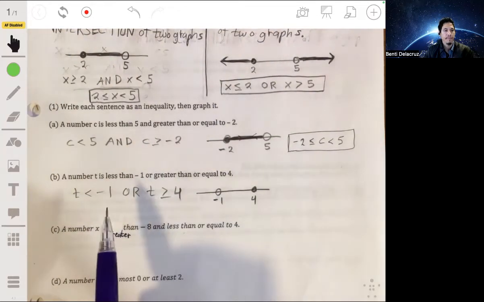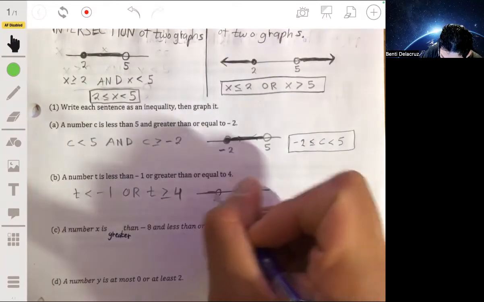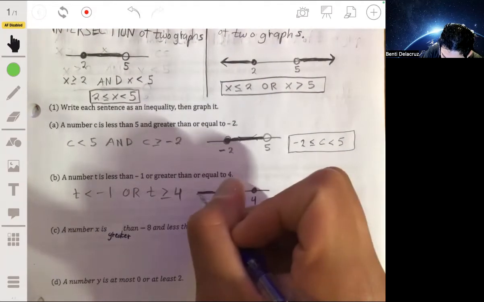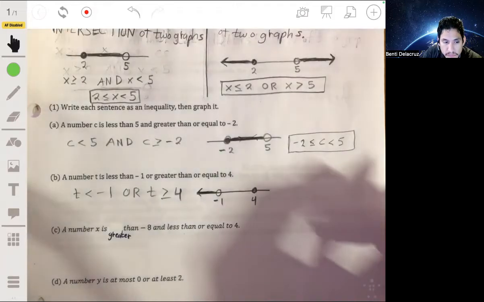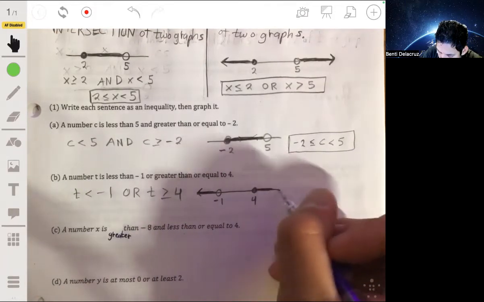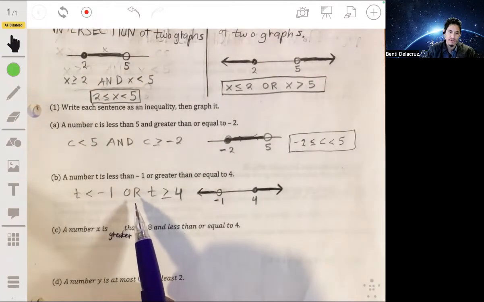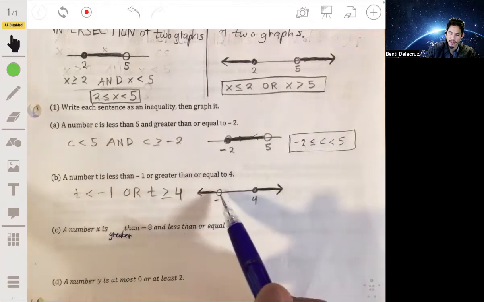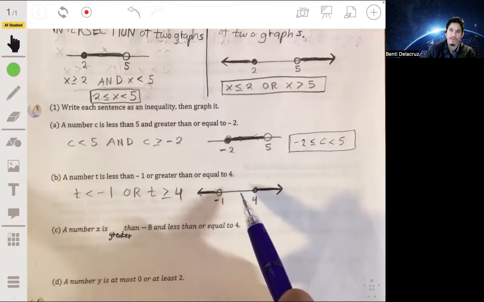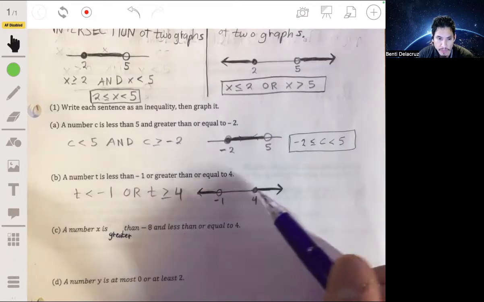And if we're saying that t is less than -1, we'd be talking about this region here, so less than -1. And if we're saying that t is greater than or equal to 4, we would have this region here. And so this is an example where you would have a union. You don't have both inequalities satisfied by any one number.